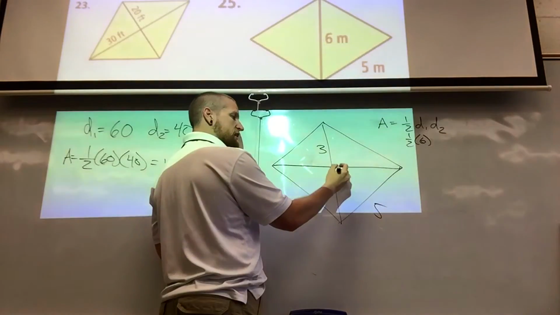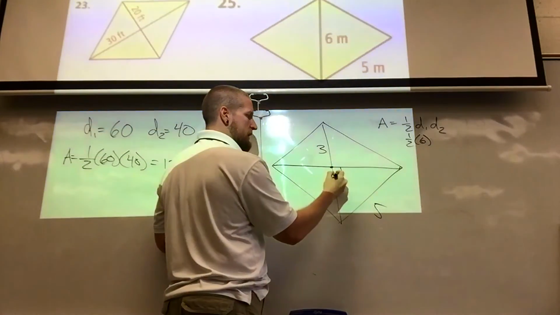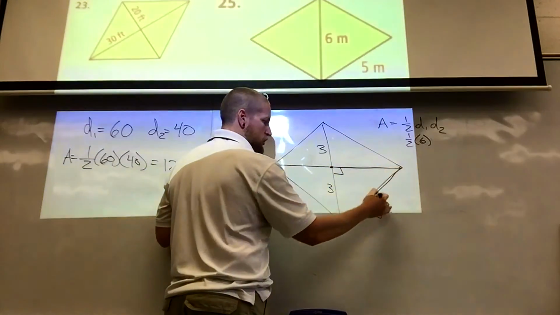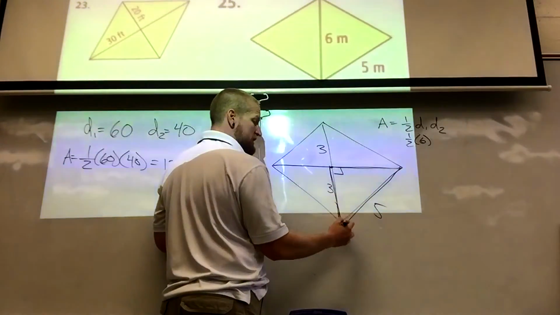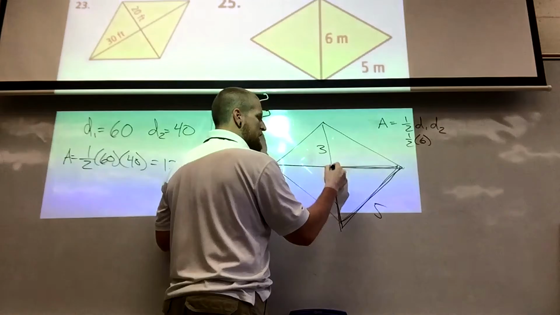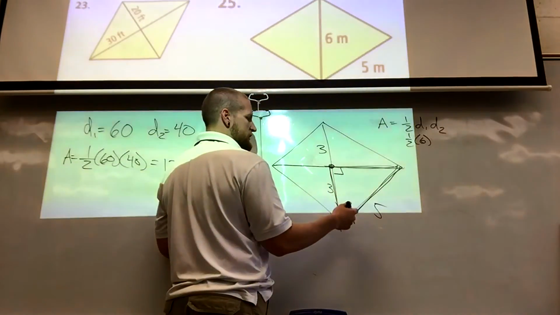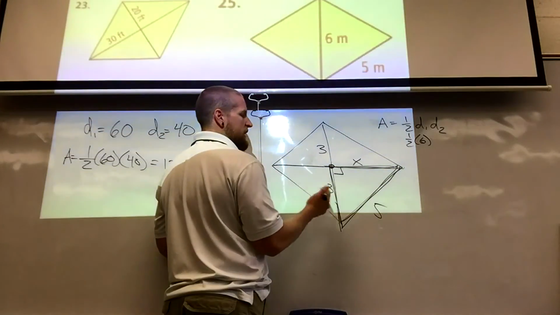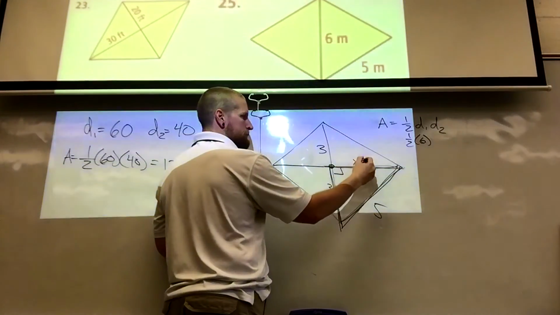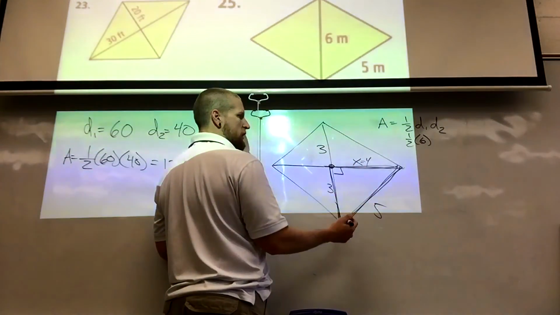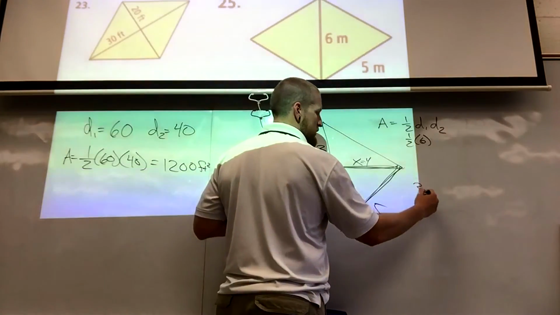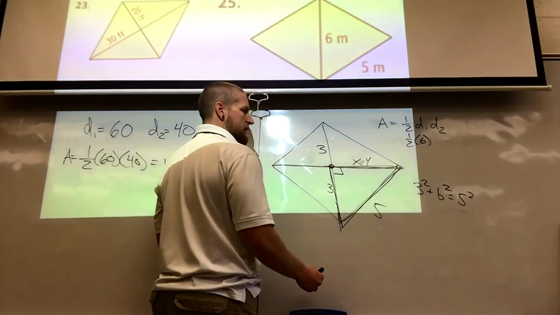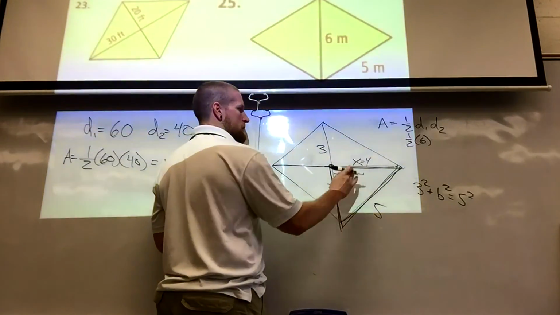And also the diagonals for a rhombus make a right angle. Meaning that if you look solely at this triangle, because again I said if something's missing you're going to do something with the right triangle, usually it's Pythagorean theorem stuff right now. I can find that side right there, which again is a 3, 4, 5 right triangle, or if you want to do Pythagorean theorem, you can do it like that and still get the same number.